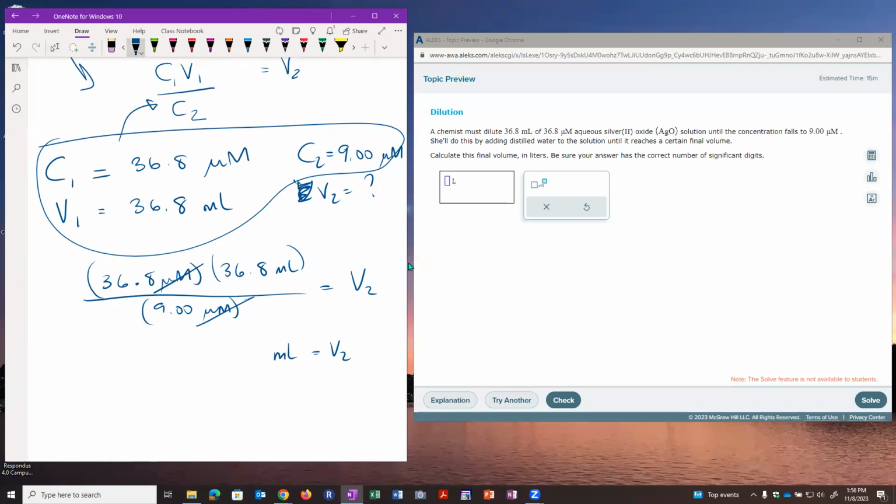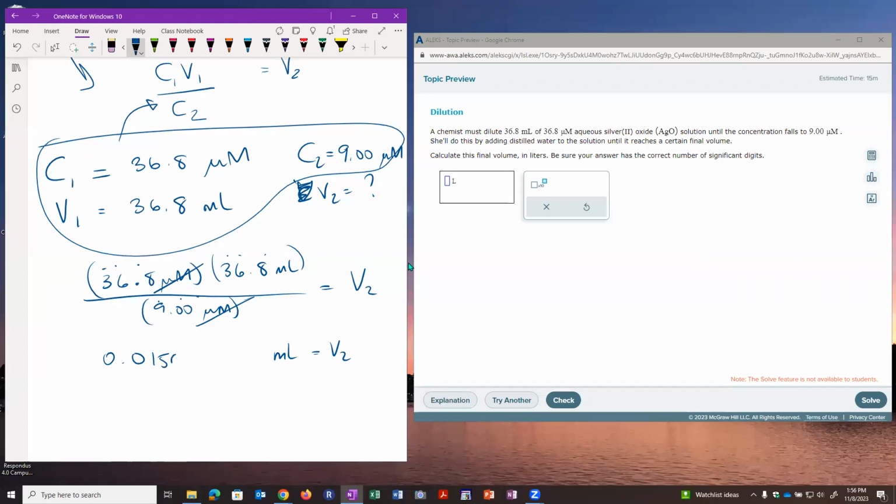So let's evaluate this. I have 36.8 times 36.8. Whatever I get, I'm going to divide that by 9. And that's going to give me 0.015. We'll keep a couple extra decimal places. Well, let's see. We have 3 sig figs, 3 sig figs, 3 sig figs. So this number here should have 3 sig figs.